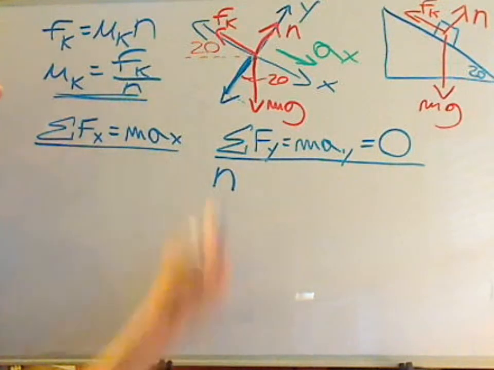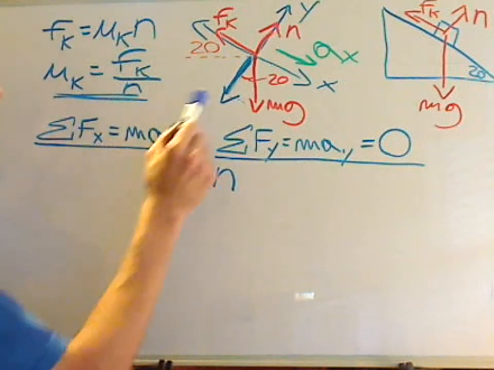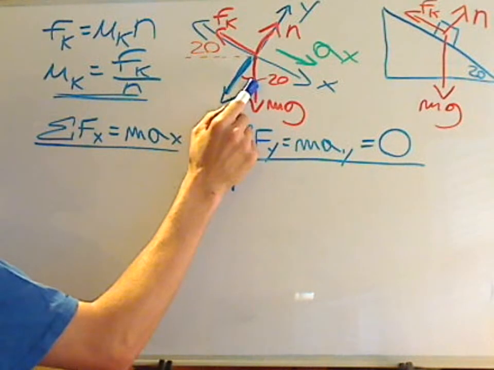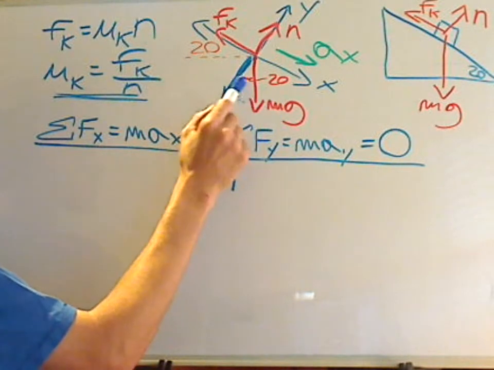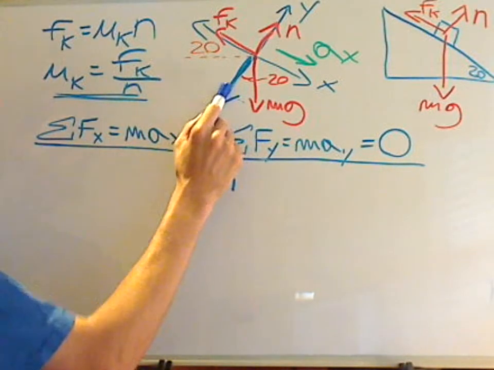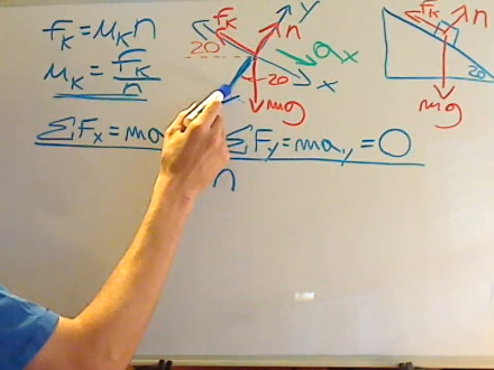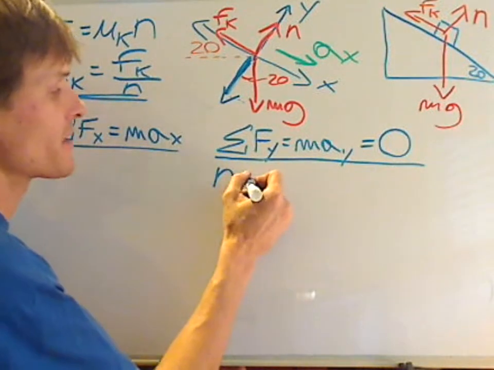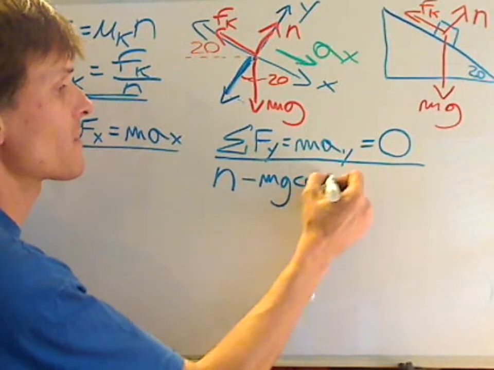It's adjacent to our 20-degree angle, so you have to use cosine of 20 to get that length. So it'd be mg cosine of 20. And since we're dealing with something below the x-axis, it's going to be negative: negative mg cosine of 20.